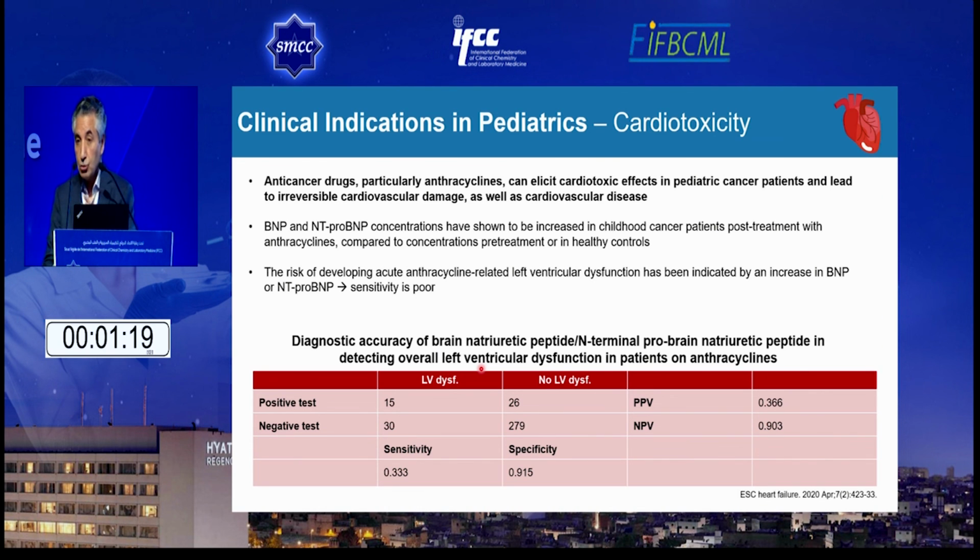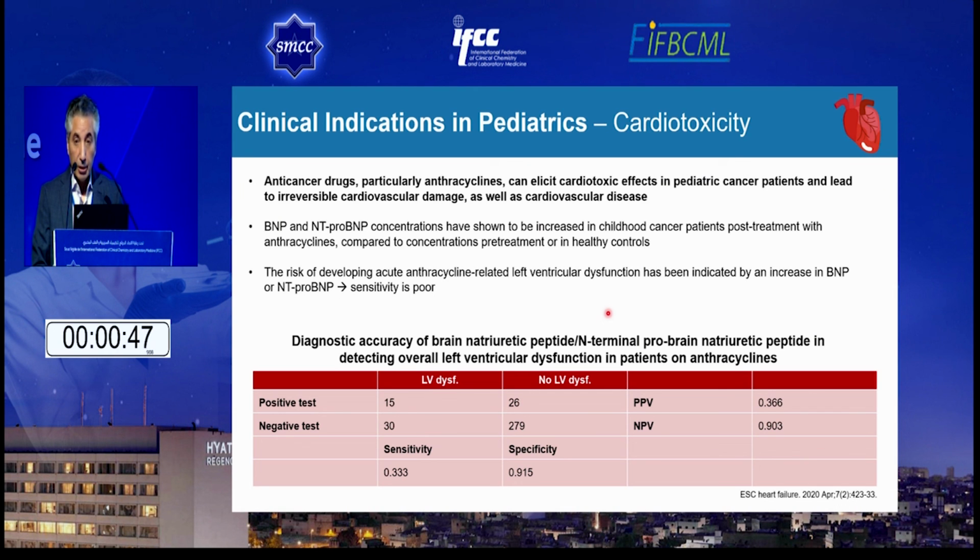Cardiotoxicity. As you know, many drugs can cause cardiotoxicity. So when you are trying to monitor cardiotoxicity, that's another area where you could be using these markers to monitor cardiac damage. I don't want to go over time too much, so you can look at the data in the paper, but there are a lot of good applications here.